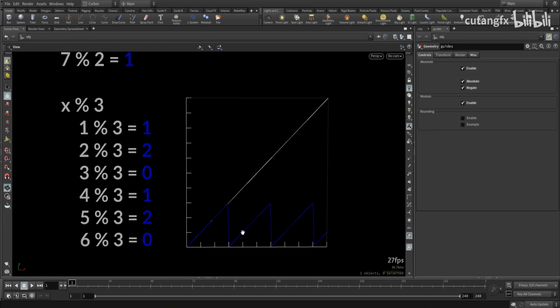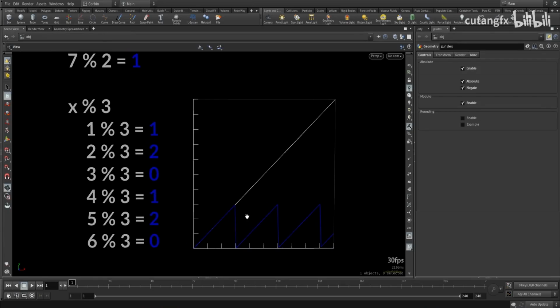Okay, so this does follow linear again, but it started again from 0, and then it loops back and starts again, and loops back and starts again. So we end up with essentially a looping number. Okay, and so for example here, 1 modulus 3.